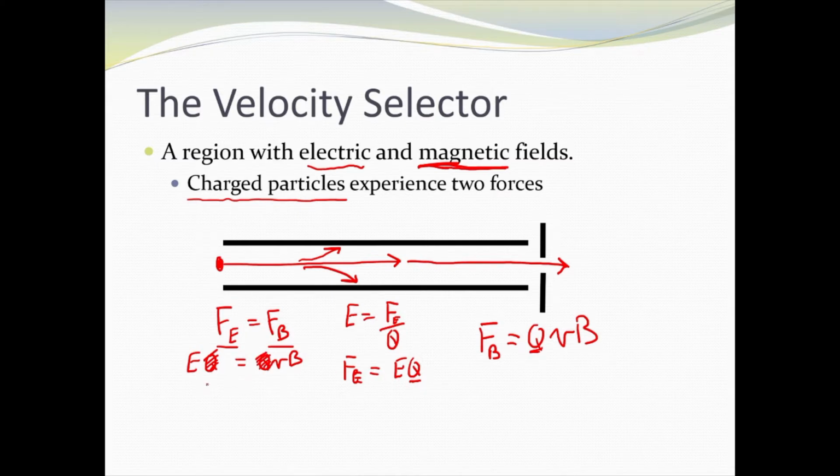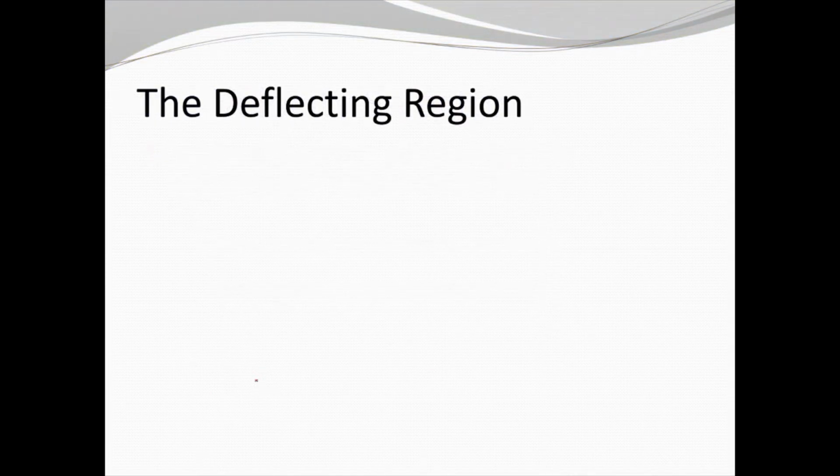And we can show that if I have a known electric field and a known magnetic field, then I can calculate the velocity of the particle that will be allowed to go through this particular velocity selector. So this allows me to guarantee that whatever comes out of the velocity selector is traveling at some fixed velocity.